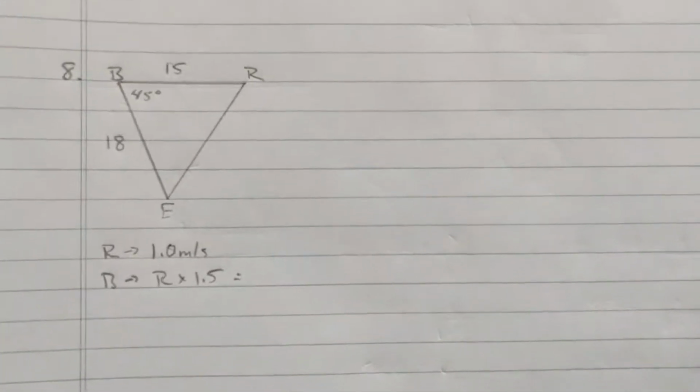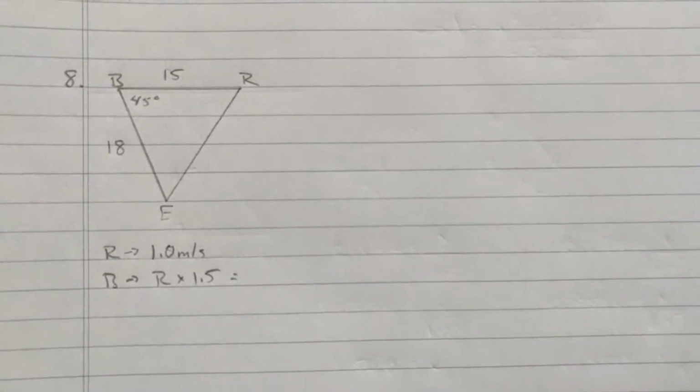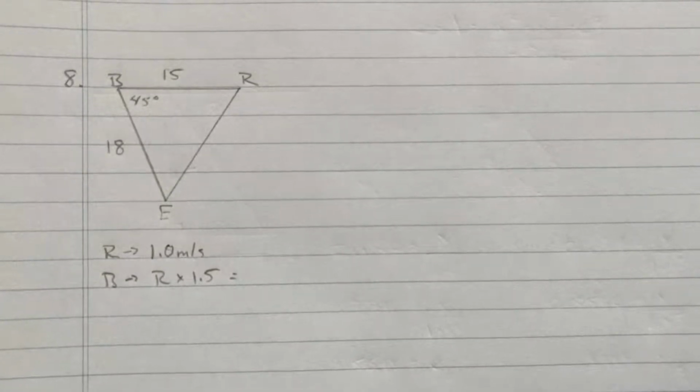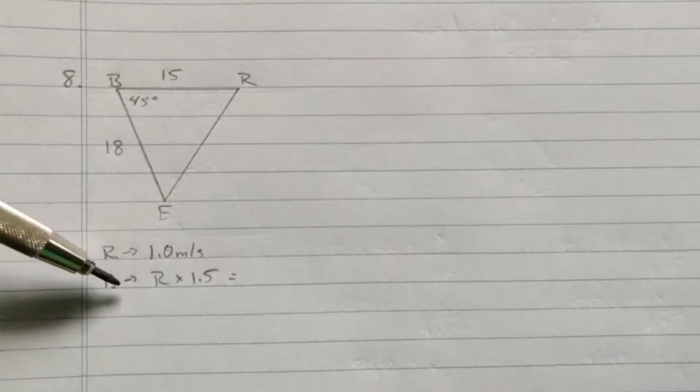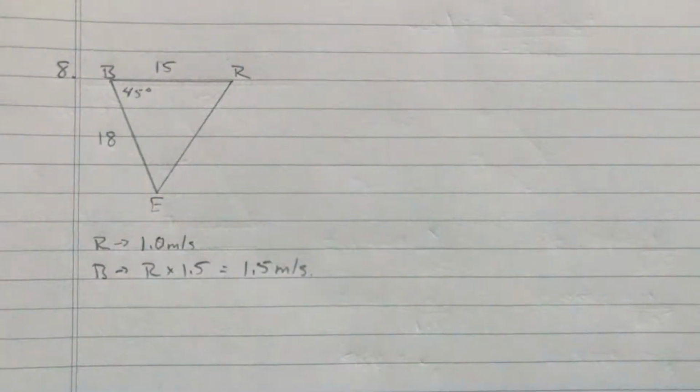And the angle in between the two is 45 degrees. So there's our setup. We got Rocco running 1.0 meters per second. And Biff, his speed is Rocco's times 1.5, or 1.5 meters per second. So there's our two speeds.